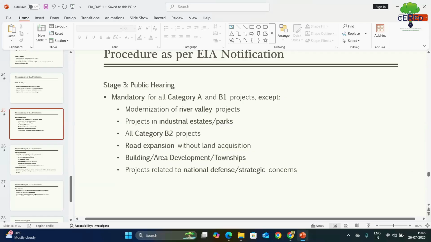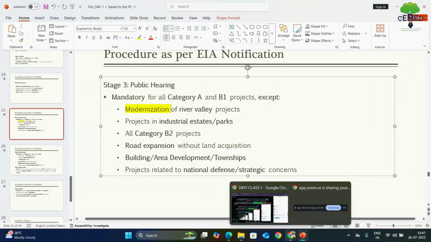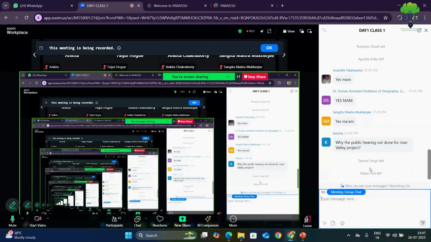From the first, the mandatory projects for category A and category B1 projects for which the public hearing is compulsory, but as per the notification of EIA, the modernization of River Valley projects is exempted. For the modernization of River Valley projects, public hearing is not required. If there is any reconstruction or modernization in any river valley projects, then public hearing is not required.